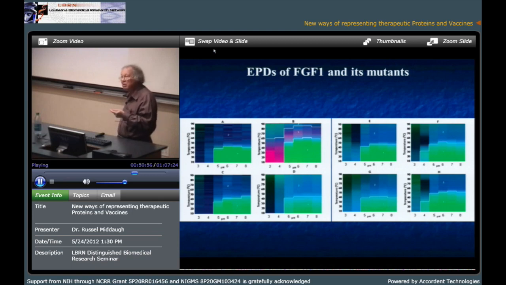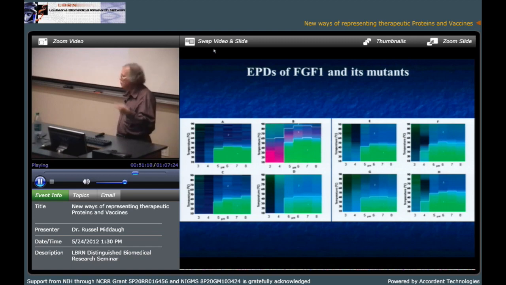So when we formulated it with a simple polyanion, heparin, the heparin stabilized it so you can sit out at room temperature for 2 years. That's how dramatic the effect is. But you have to have heparin, and nobody wanted heparin in their formulations, especially in a diabetic foot ulcer.